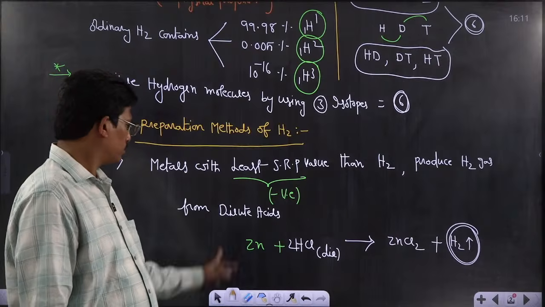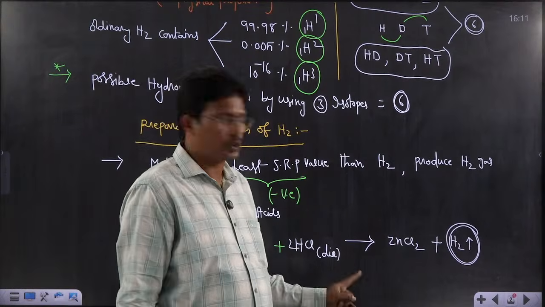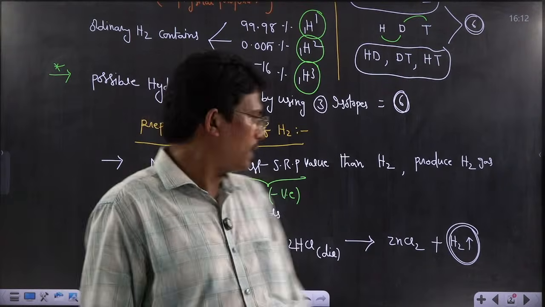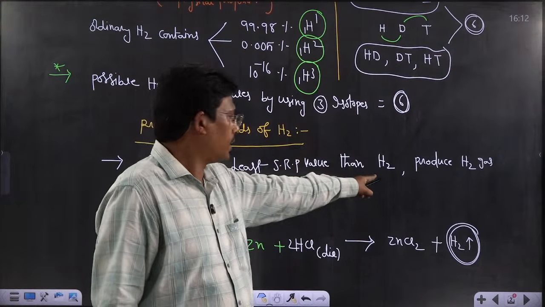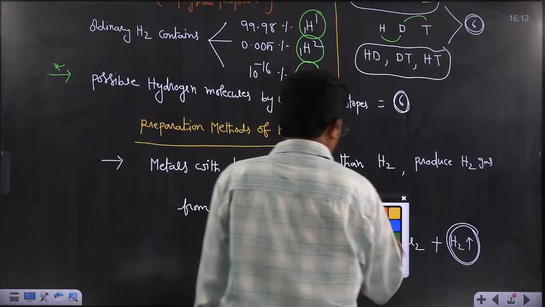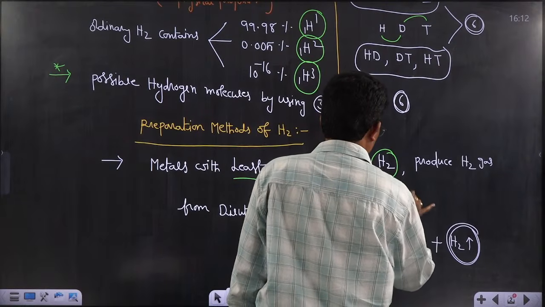Okay. Instead of zinc, if copper is used, no reaction is possible, because the SRP value of copper is greater than hydrogen. What is the SRP value of hydrogen? Hydrogen SRP value is 0 volts.